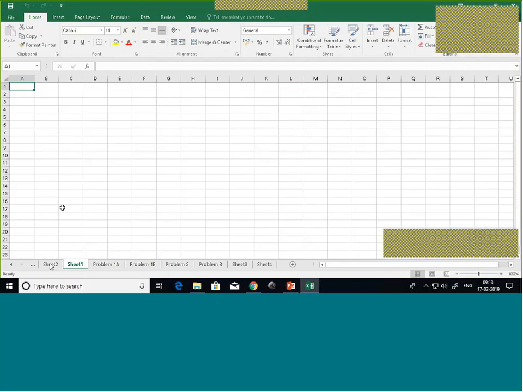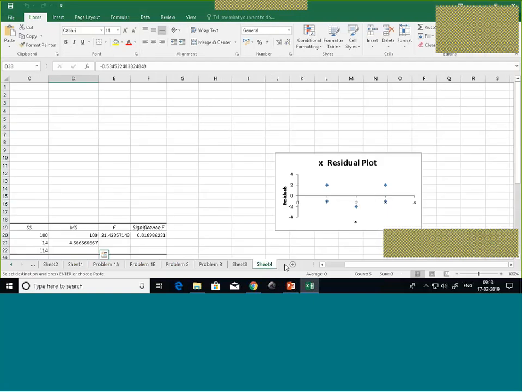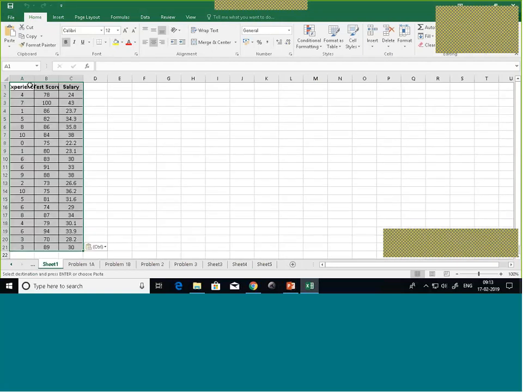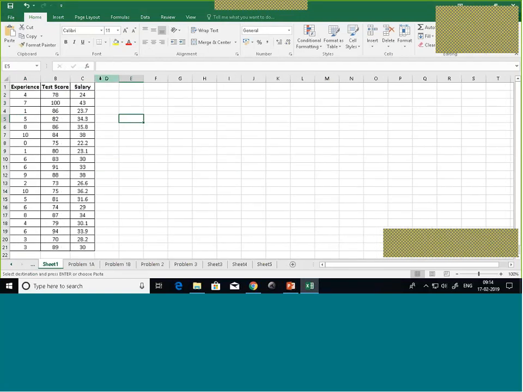The same data I have copied here. You see here we have experience as the first independent variable, test score as the second independent variable, and salary as the dependent variable.